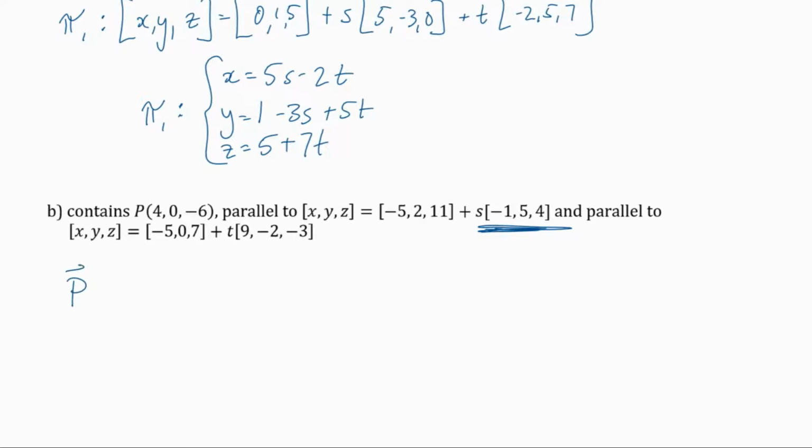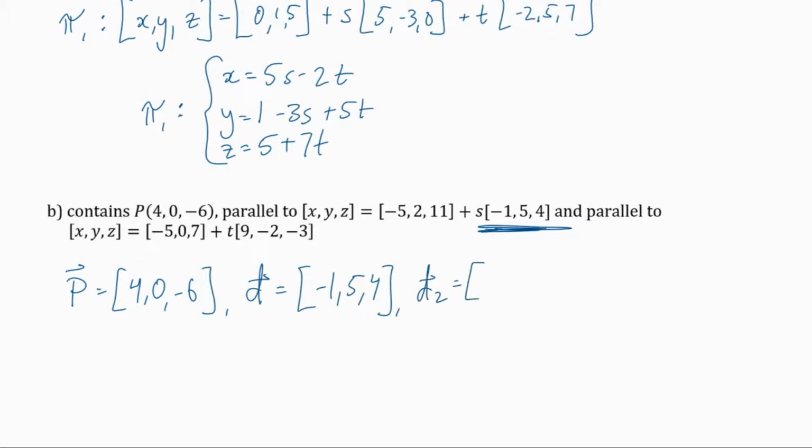So I'm going to use the position vector of the point that I was given that's in the plane, and I'm going to use my two direction vectors, and then just write the equation.